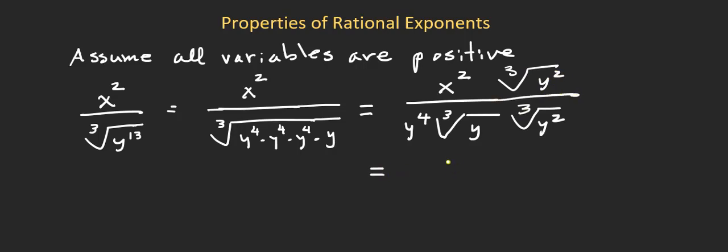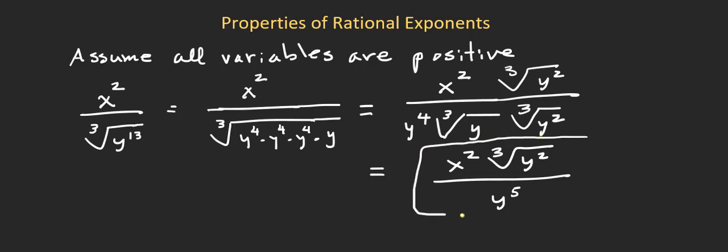So what do you get? You get x squared cube root of y squared all over the cube root of y times the cube root of y squared, which will be y. So y comes out, and y times y to the 4th will be y to the 5th. So this will be your final answer.